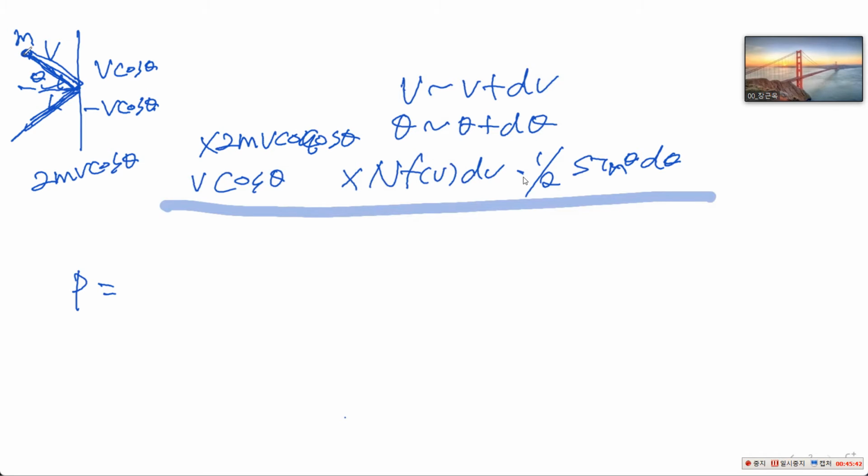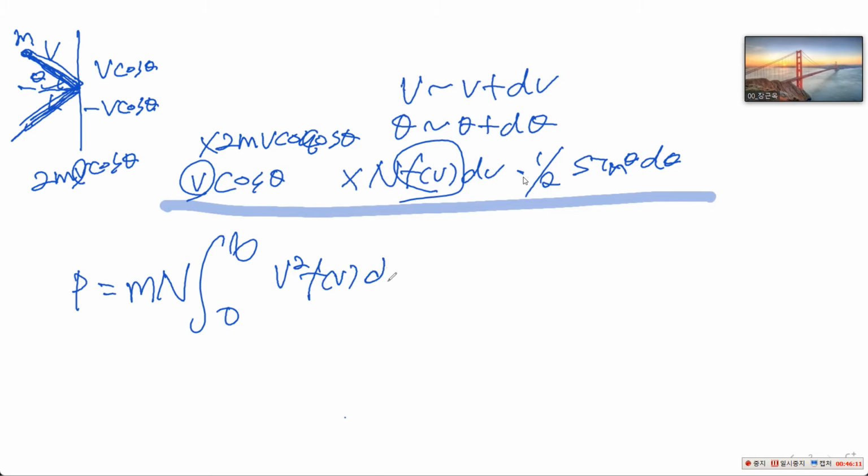Okay? Because pressure is what? Force per unit area. Using the condition that pressure is force per unit area, the total equation becomes m n integral from infinity to 0, v squared, distribution function f(v) dv, divided by 2. So there is 2 cosine theta and 1 sine theta there.